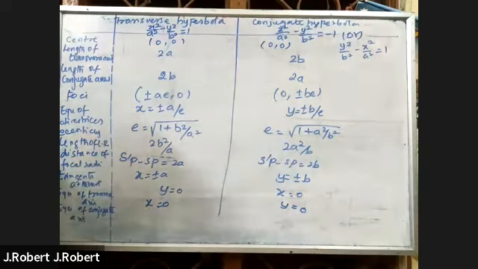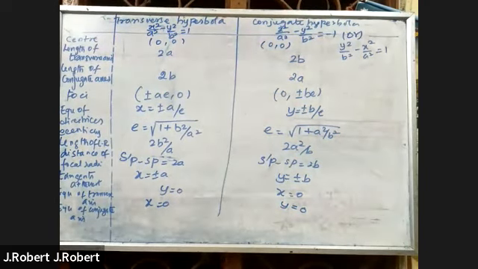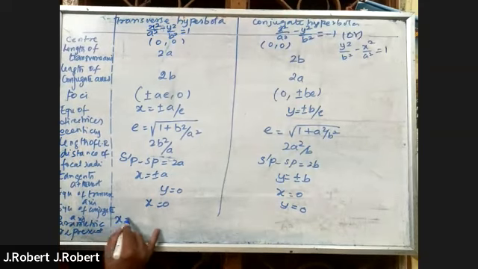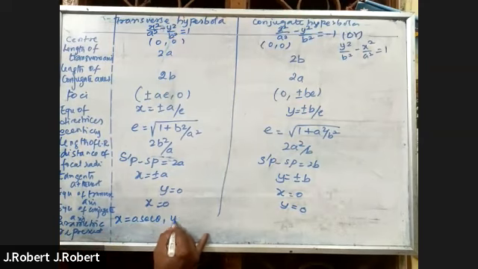The last one, a very important one. We often use the parametric representation of the hyperbola. We can say the parametric representation of both hyperbolas. First, the transverse hyperbola: we can take x equals a secant theta, comma, y equals b tan theta.